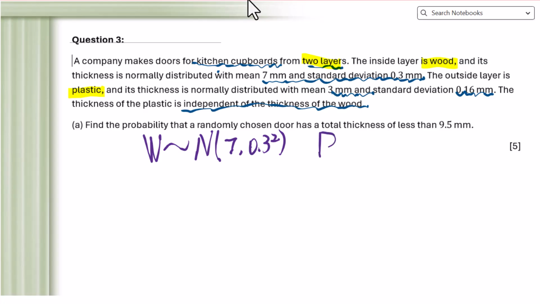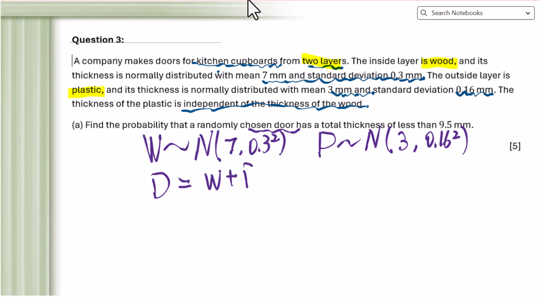Plastic, let's use P, follows normal distribution with a mean 3, standard deviation 0.16. For the door, we will use D equals W plus P. E of D equals 7 plus 3 equals 10.